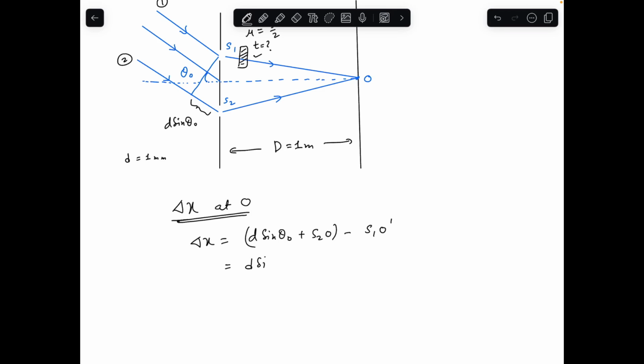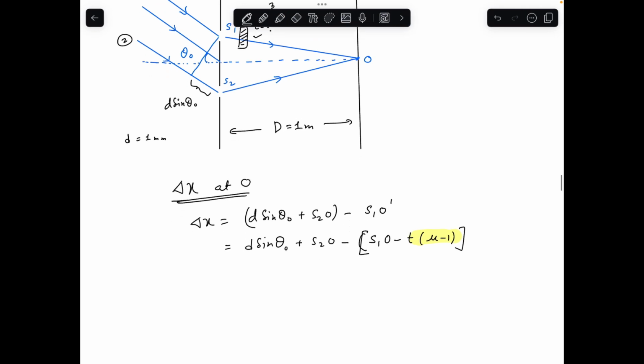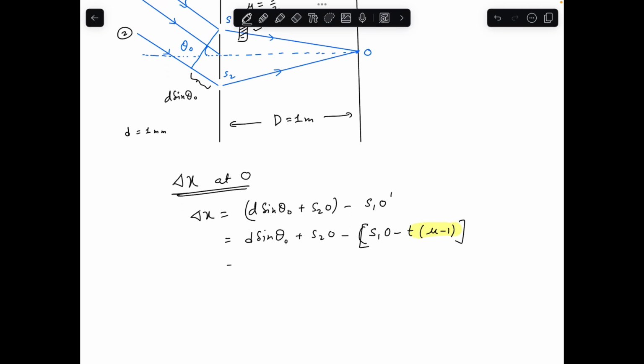So that is d sine theta naught plus S2O minus, what is S1O dash? S1O minus T into mu minus 1. So this is extra path traveled because of this glass slab, okay, optical path. Okay, now this is equal to how much?